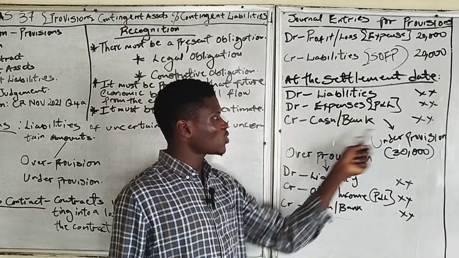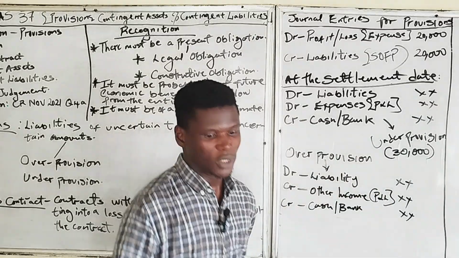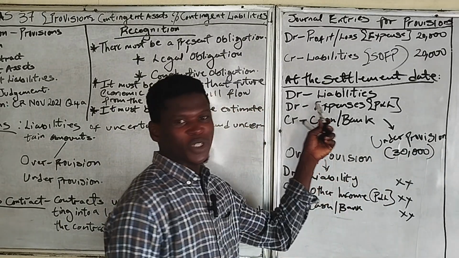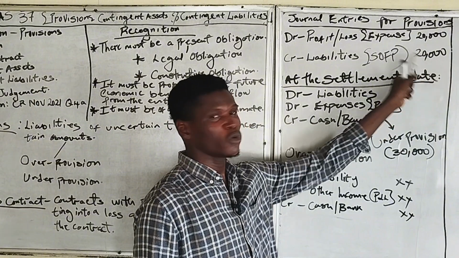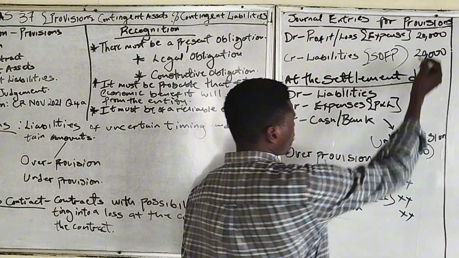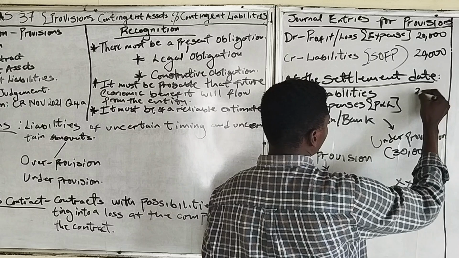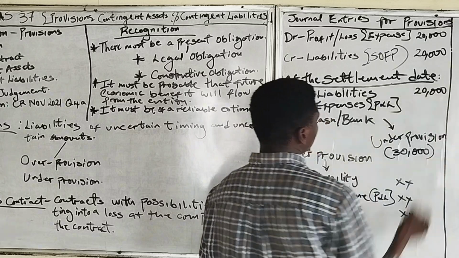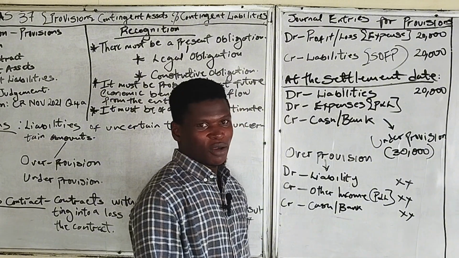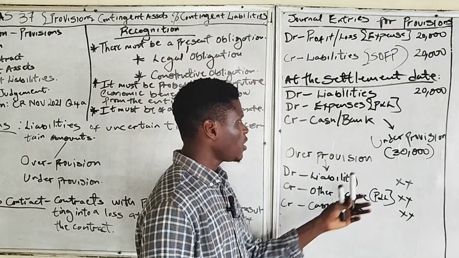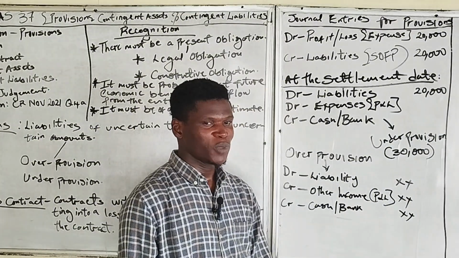Now what we actually paid is 30,000. So let's show that. We will debit what we initially recognized as a provision, the whole amount initially recognized, 20,000. We are told to pay 30,000, meaning that we have under provided 10,000 for this particular obligation.